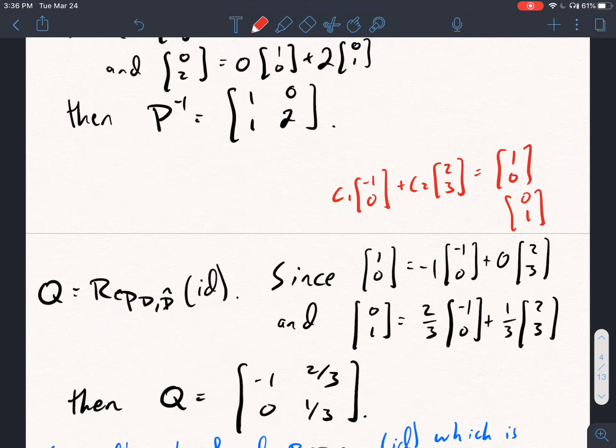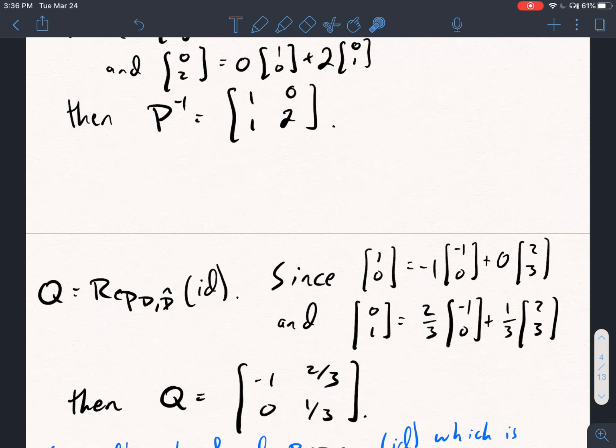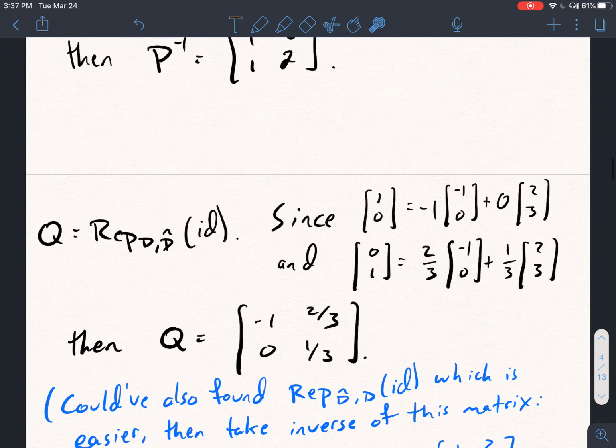Now you have a system of equations that you can do some row reductions on and get the answer that way. But that could be a little bit annoying. So here's an easier way: just use what we were doing before.